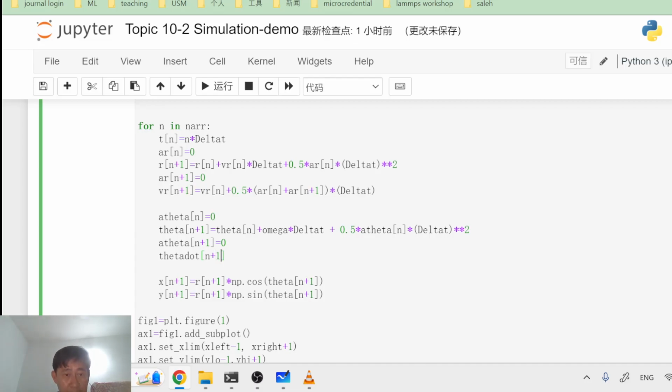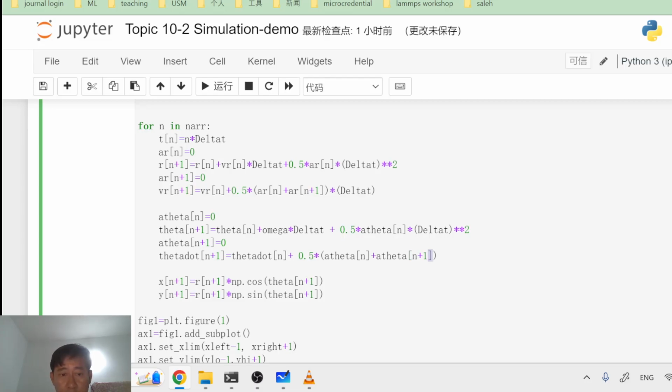So let's say I update it. Then the update equation for theta dot in the next instant would just say theta dot at n plus the average of the acceleration. So the acceleration here is a theta at n plus the acceleration of theta at n plus 1.